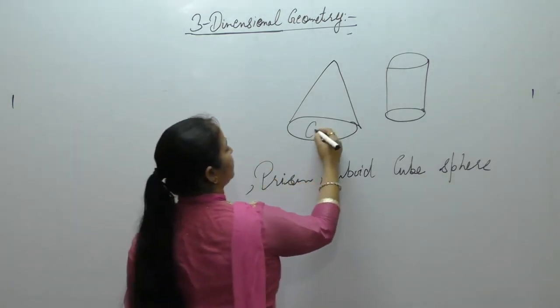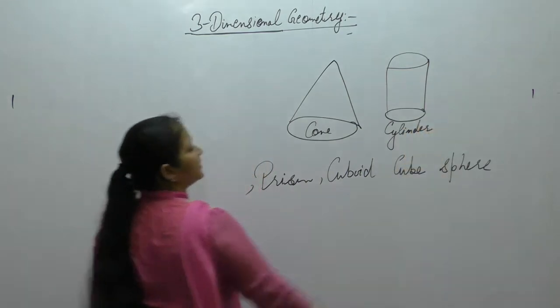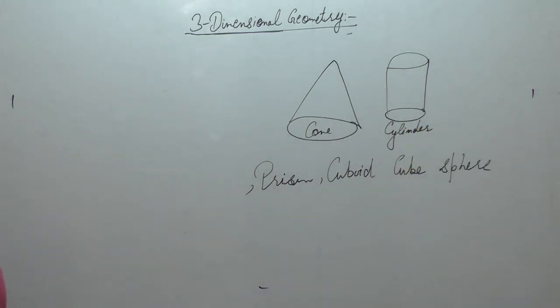This is the shape of cone, cylinder. So these are the shapes in three-dimensional space.